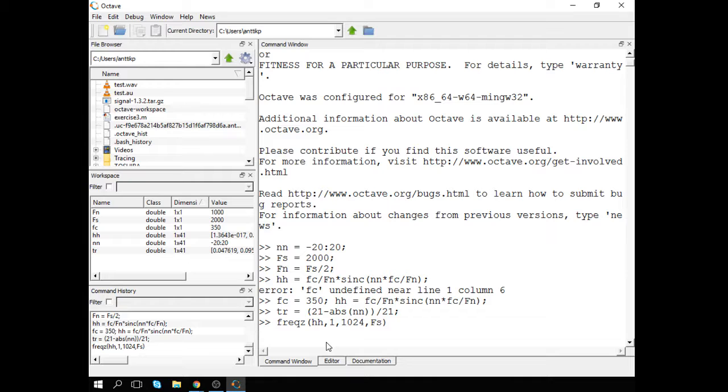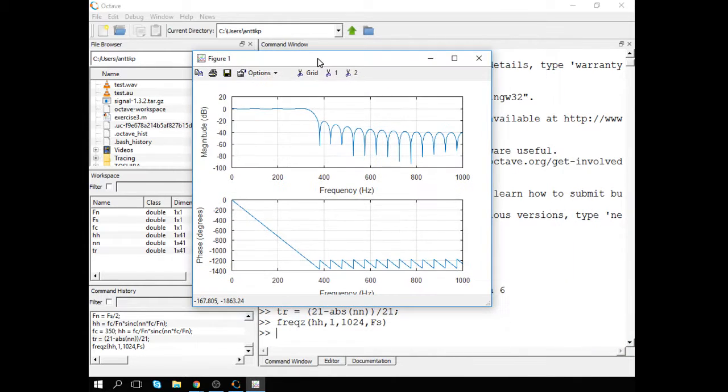Still waiting. Okay, so this starts to resemble a low-pass filter. So the cutoff frequency inside of sinc is not Fs but Fn, the Nyquist rate.